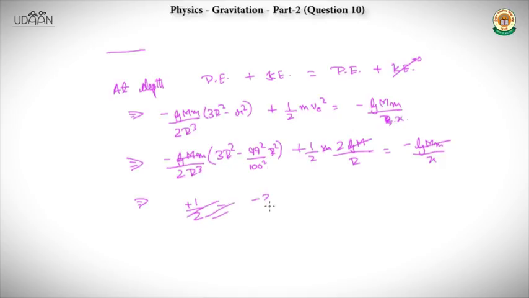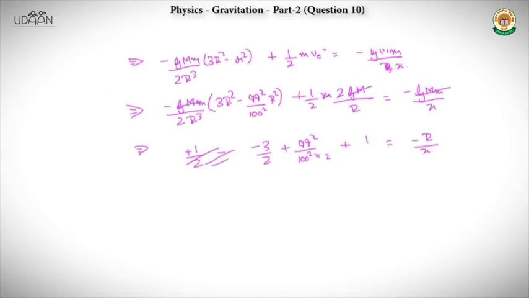It will be minus 3 upon 2 plus 99 square upon 100 square into 2 plus 1, because this will get cancelled, equivalent to minus R upon x. We cancel this, R will get cancelled off. So this would finally come out to be minus half. I'm multiplying minus sign on both sides, so it will come out to be half minus 99 square upon 2 into 100 square, equivalent to R upon x. Right, this is what we get.